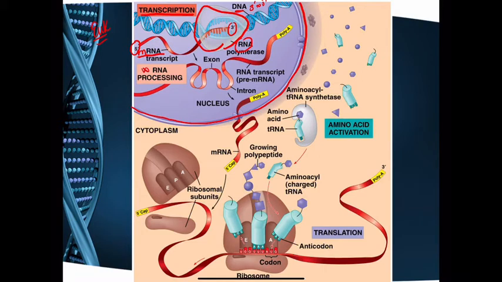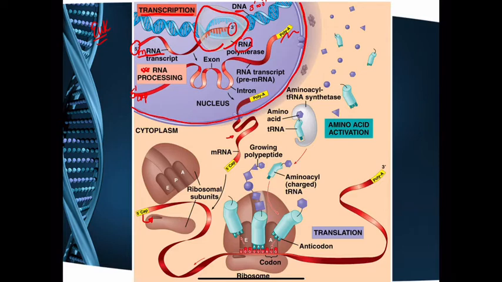It has to undergo RNA processing. In our RNA processing, we're going to add a 5' cap. We're going to add this poly A tail that you see here. Those are important because they are going to help with the binding on the ribosome in translation. They're also going to protect the mRNA from degradation once it goes into the cytoplasm.